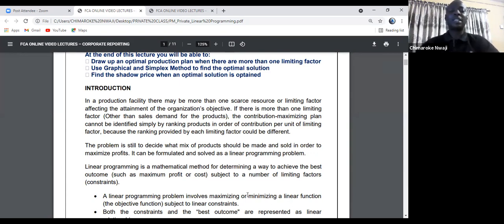Now, what is linear programming? First of all, what is linear? Linear means straight line. So it means that all the problems we will be encountering today in our class, we can represent them as a straight line. Secondly, how do you know a linear equation?